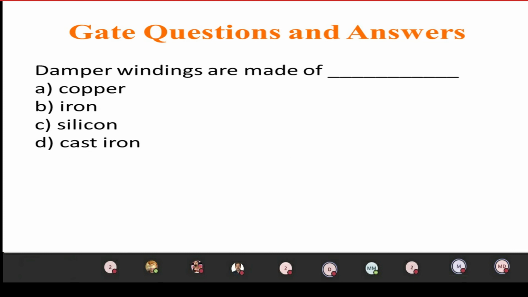Damper winding is made up of what? How is it made? It's a winding. It can be made up of copper, iron, silicon, cast iron. Silicon is not a good conductor. Iron and cast iron we can build it, but due to the high internal resistance, heat will arise rapidly, so it is not recommended to build the conductors.